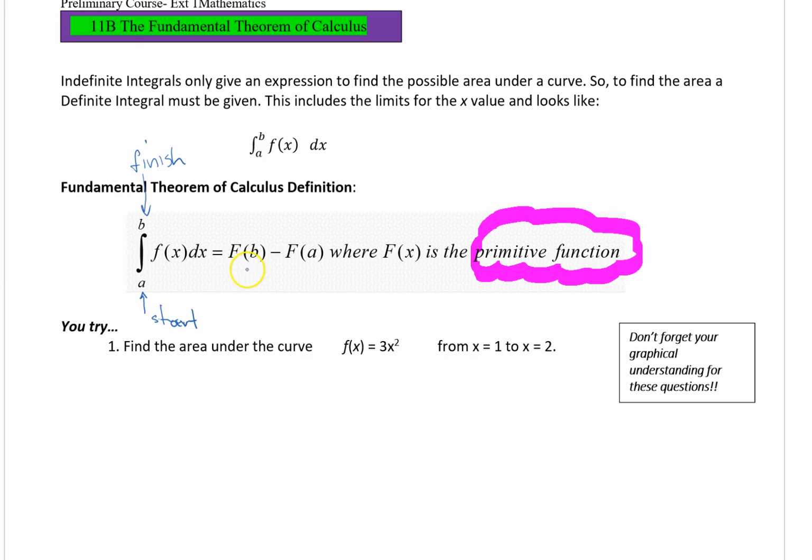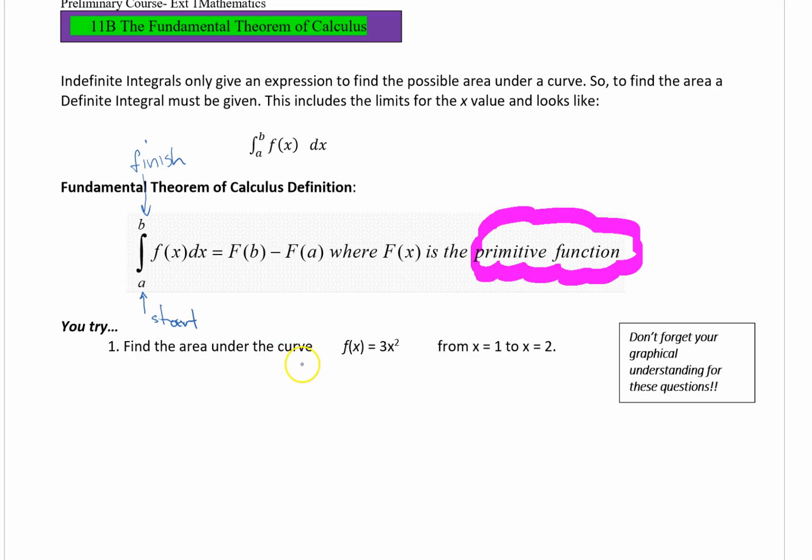And when we've done that, then we evaluate. We're going to substitute x for b. So we put our finishing position value for x into our primitive function, and we subtract, substituting our starting x value into our primitive function. Let's have a look at some examples.